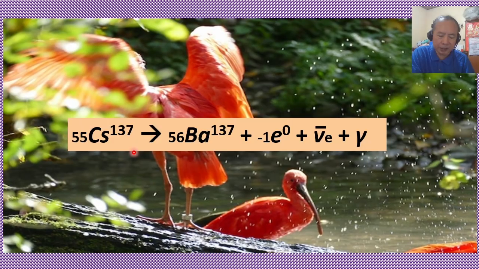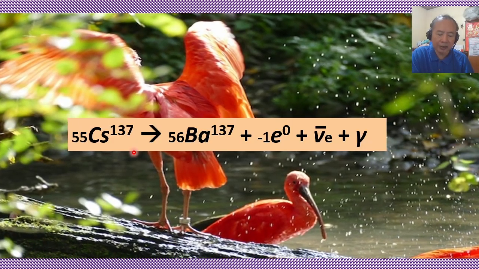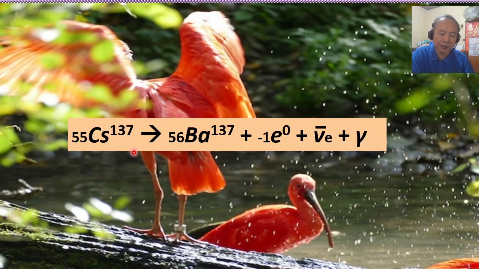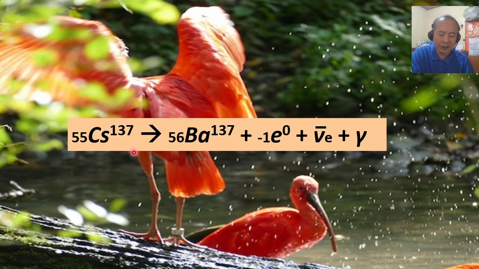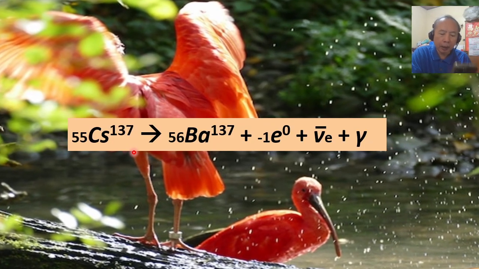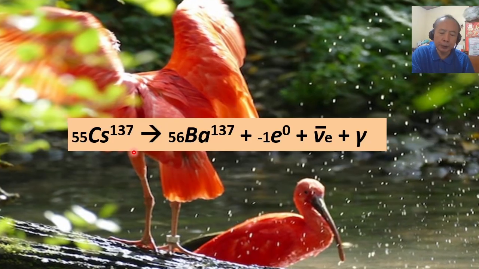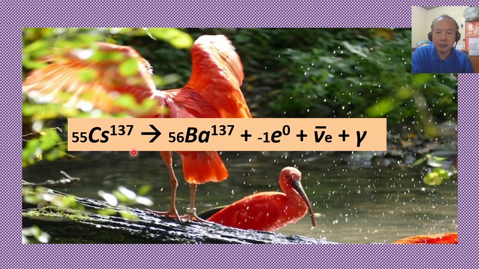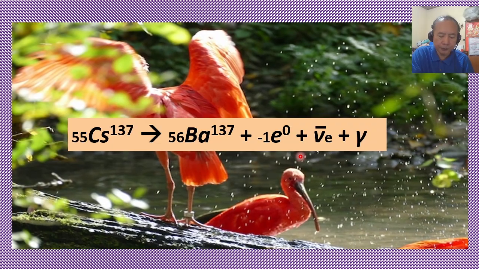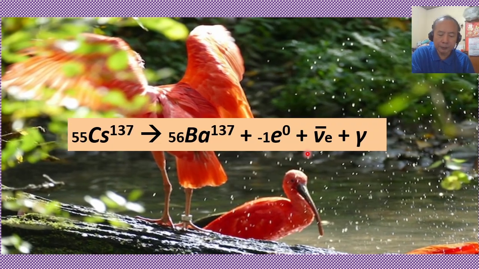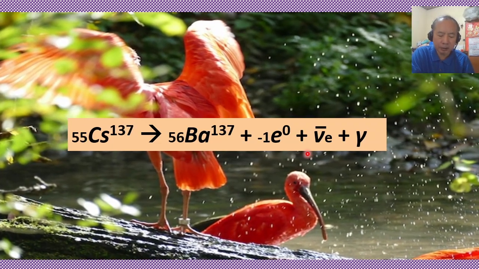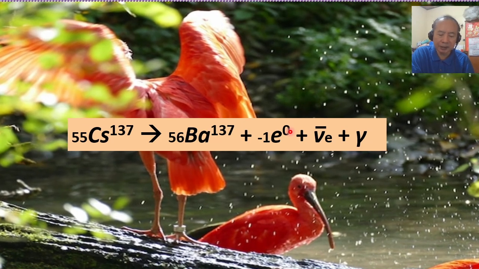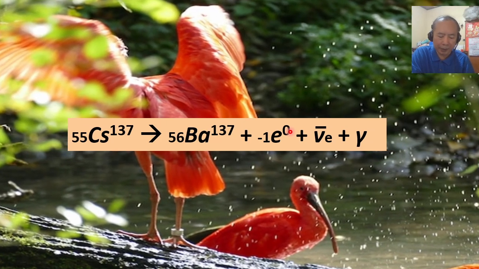This radioactive decay occurs as a two-step sequence through an intermediate excited daughter barium-137 isotope and the emission of an electron or a beta minus, an anti-neutrino particle, and a gamma ray.